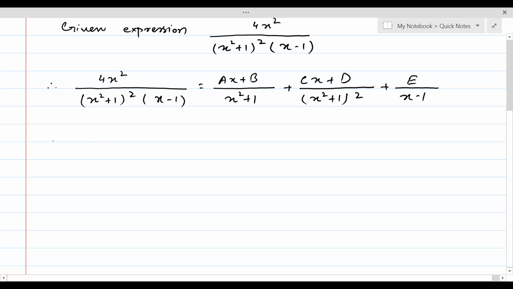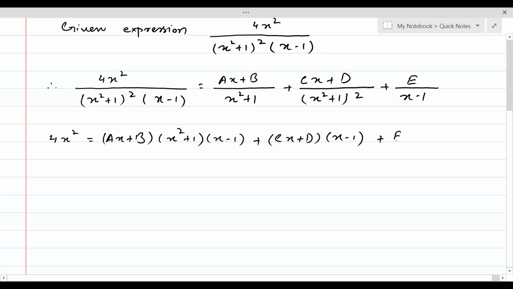This will give us 4x² equal to (ax + b)(x² + 1)(x − 1) + (cx + d)(x − 1) + e(x² + 1)². Let's call this equation 1.